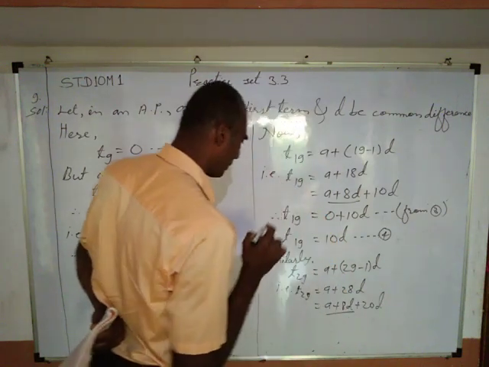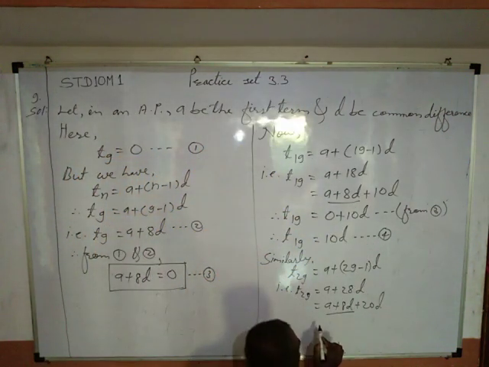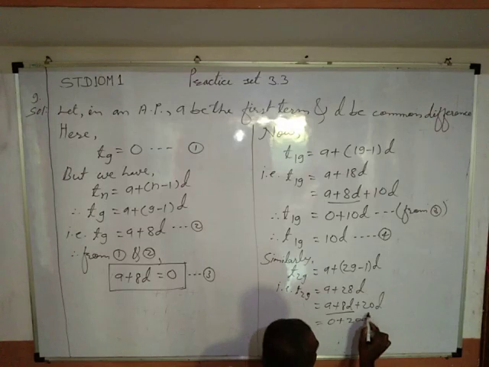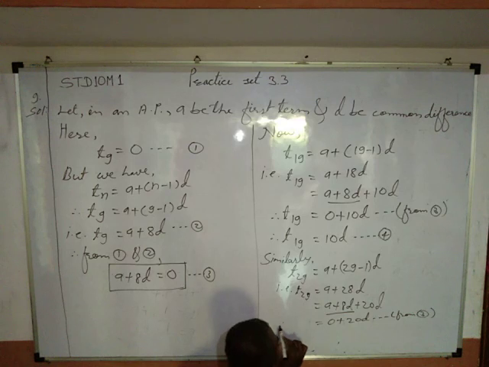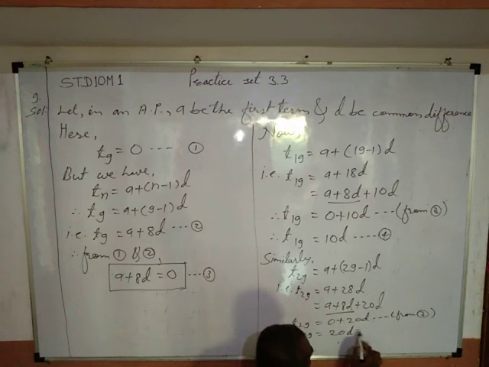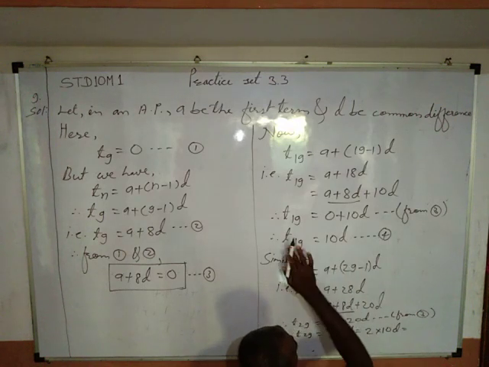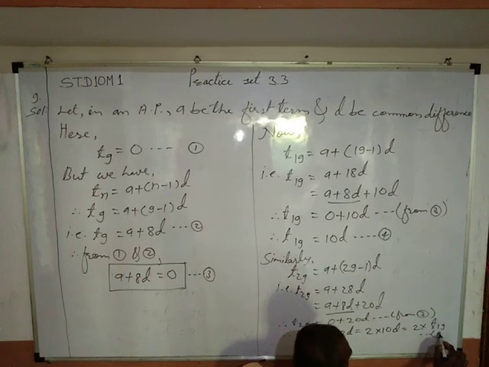And let's put the value of a plus 8d as 0. That will be 0 plus 20d from third, and therefore T29 equals 20d equals 2 into 10d, and 10d is the value of T19, equals 2 into T19 from equation 4.